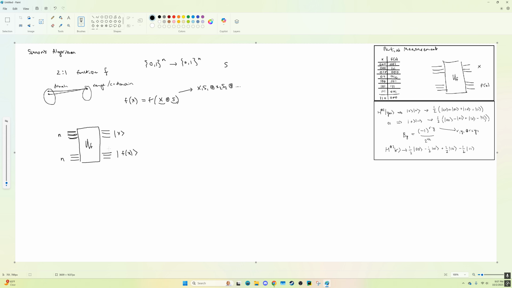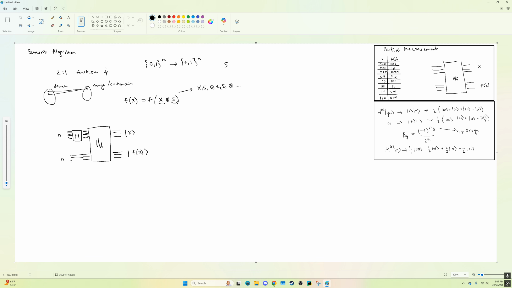We're using the canonical circuit design here. But before we do that, we actually apply Hadamard to all of the inputs before querying. The reason we do this is so that we get a uniform superposition over all possible inputs, and we can query everything at once. And that's the idea: query as much as we can at once.